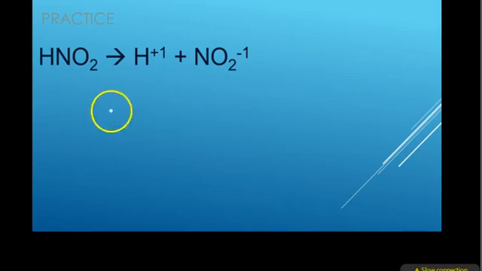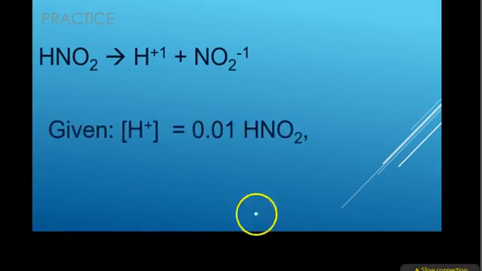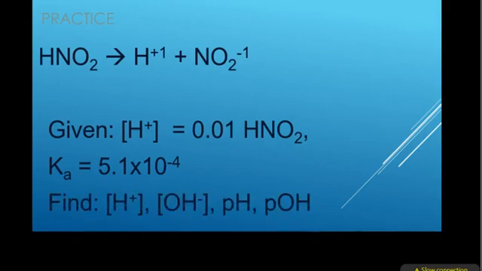So here's another example. This is nitrous acid, hydrogen nitrite. If they give you already that the H plus is 0.01, then figure out the remainder if the Ka value is 5.1 times 10 to the negative 4.